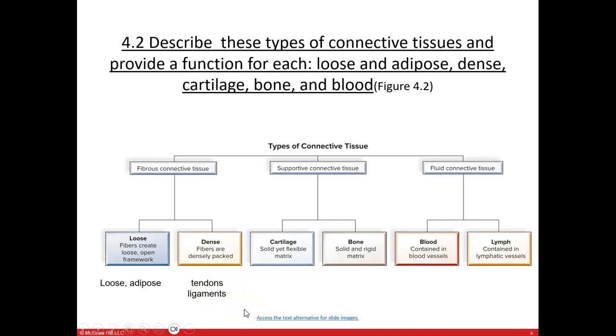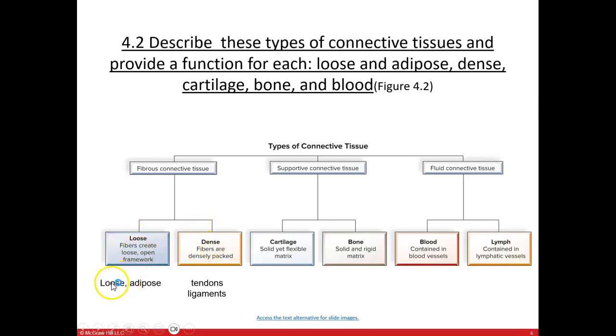So we're going to talk more about connective tissues in detail. And your book puts them into 3 groups, and I think it's helpful. They call them fibrous, meaning they have a lot of fibers. Supportive, they're really important in structure. And then the fluid connective tissues. And so we're going to talk about the fibrous connective tissues, the loose and the dense.